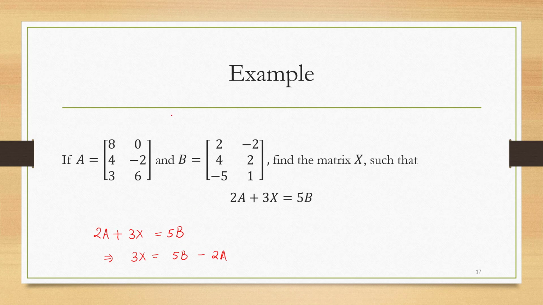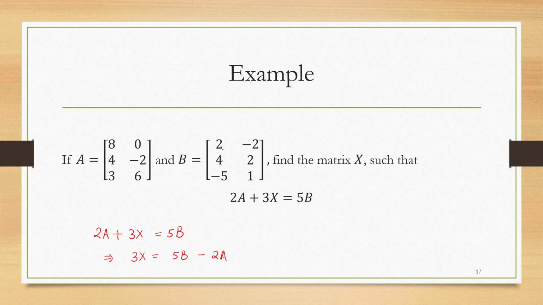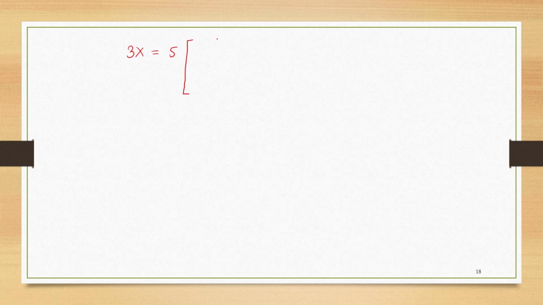Fine. So we put the values of B and A over here. Let's see. So 3X is equal to 5 times B. B is 2, minus 2, 4, 2, minus 5, 1. Sorry, it's plus 1.